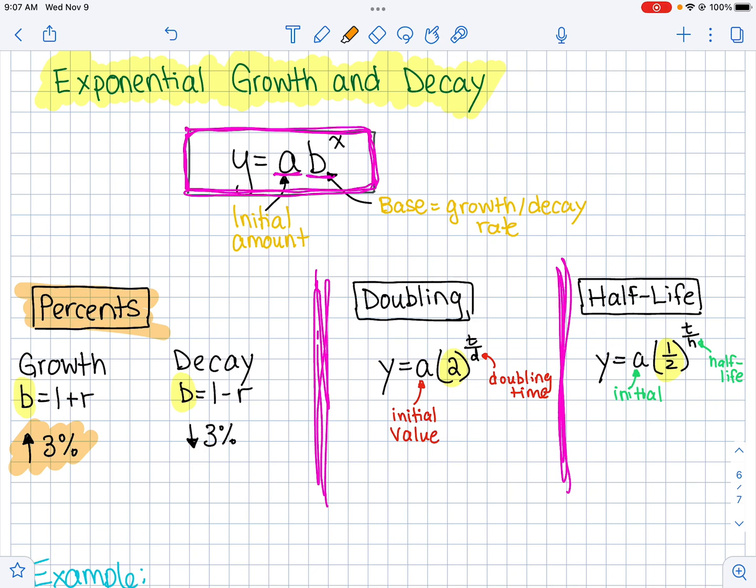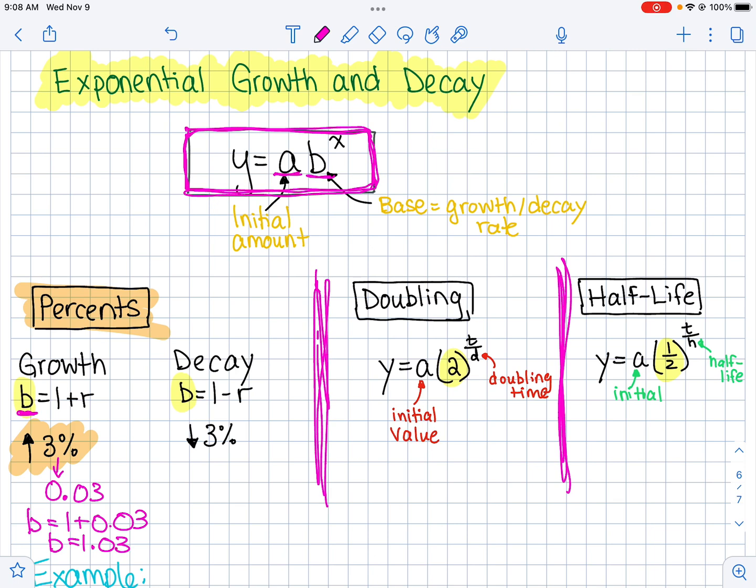So you could have some kind of percent question, in which case you would need to get your base by doing this: convert your percent to a decimal, 0.03, and then add a 1 to it since it's growing. 1 plus 0.03. So in this case, your base would be 1.03 for b here.